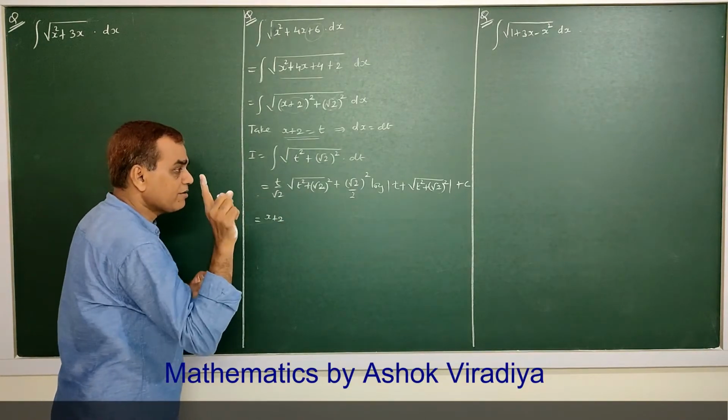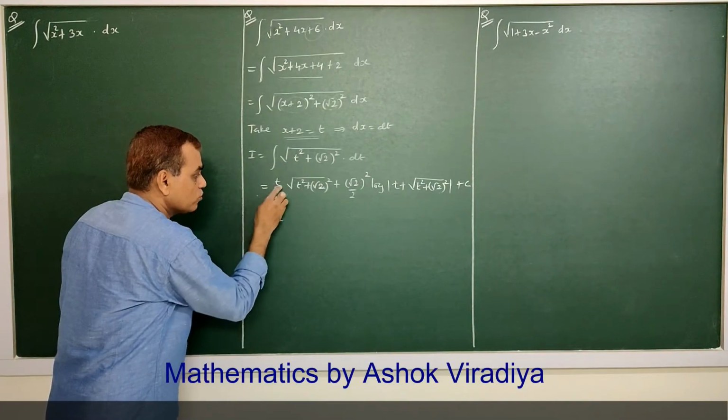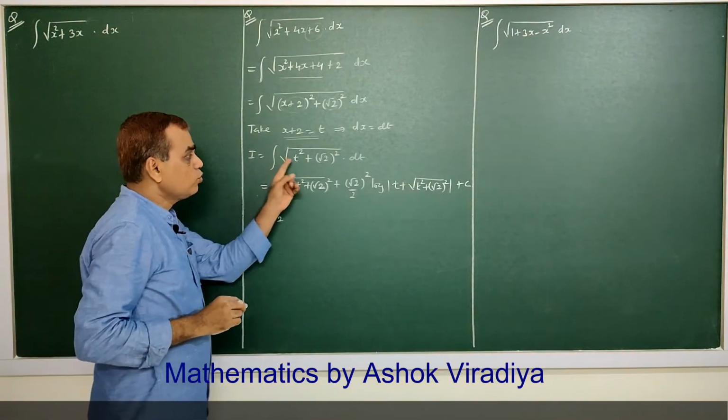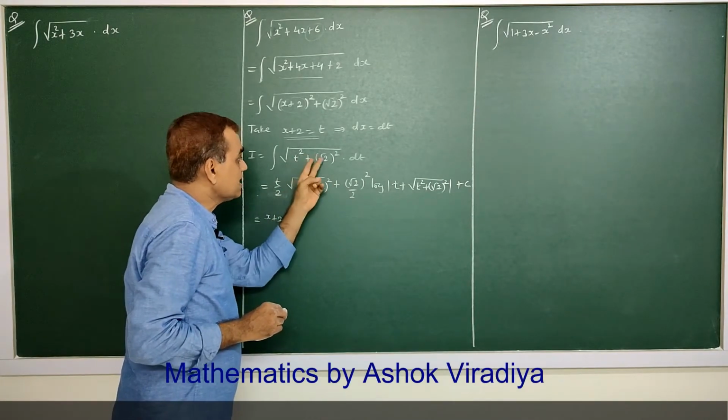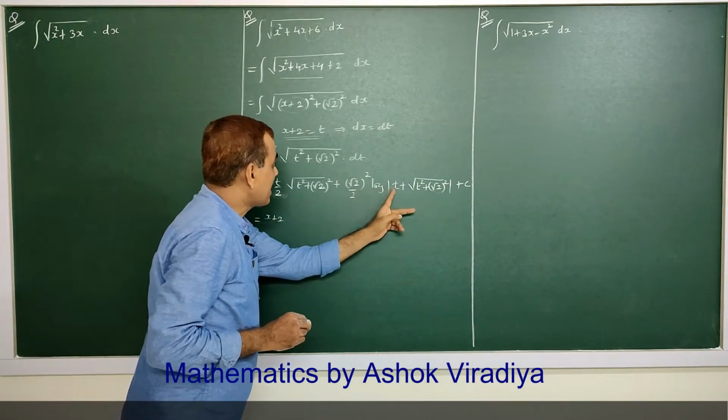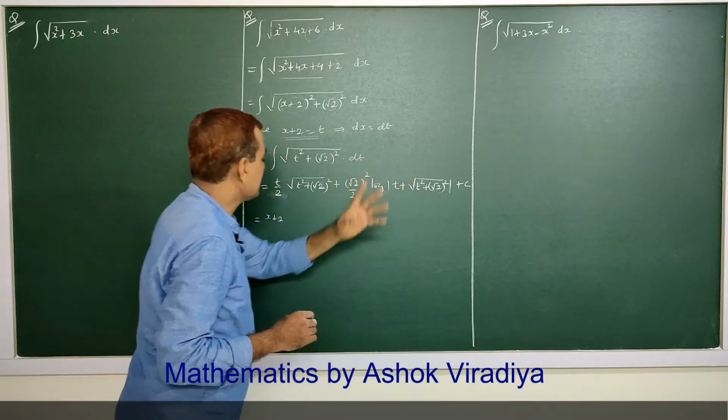See here, sorry, I have made a mistake. It should be x by 2, here 2 comes. Root x square plus a square, x by 2 root x square plus a square plus a square by 2 log mod x plus root x square plus a square.